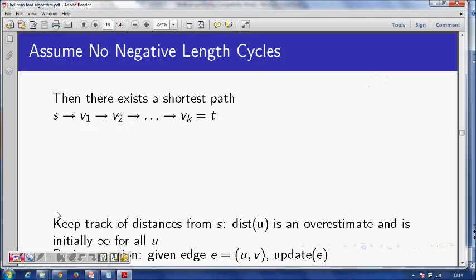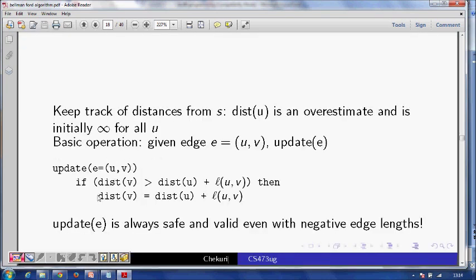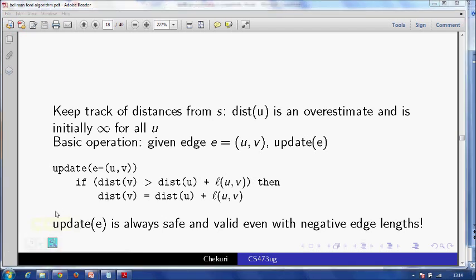Next, there exists a shortest path, so we always use update, and this update is safe even when you have negative length edges. Why is that true? Even if you have negative weight edges, this update method will still work.